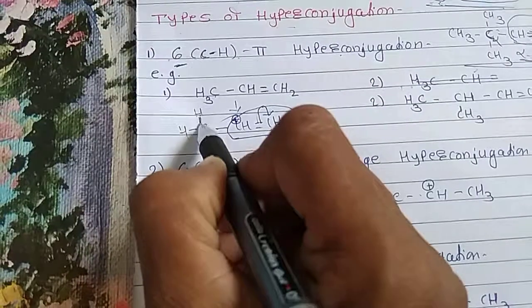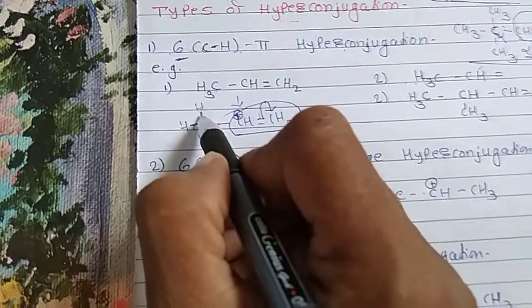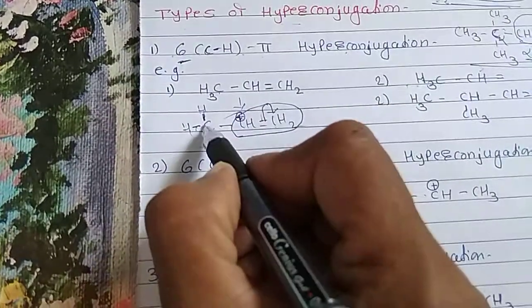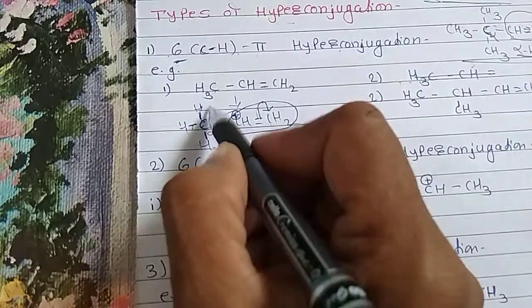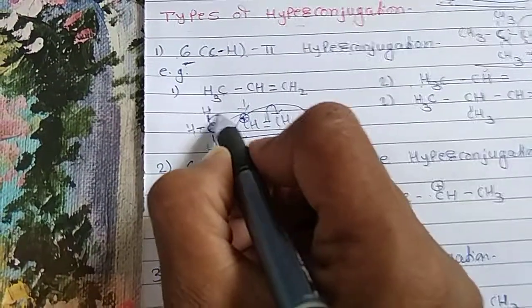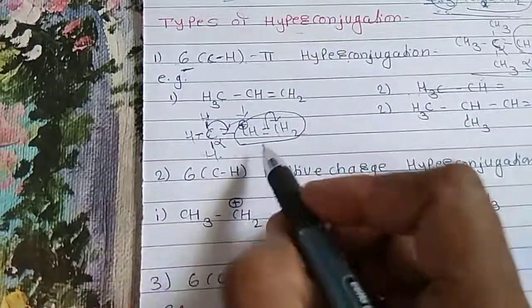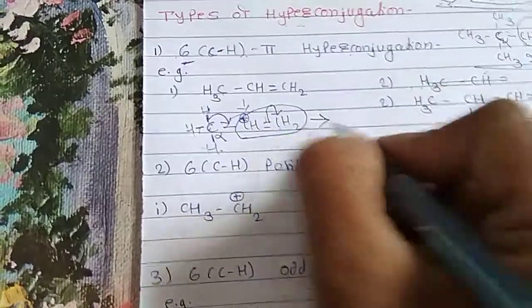So from the 3 hydrogen atoms, 1 hydrogen atom donates the electron, that is the sigma-pi hyperconjugation. This carbon and hydrogen atom contain a sigma bond, and this sigma bond is transferred towards here, and hyperconjugation takes place, and it is called sigma-pi hyperconjugation.